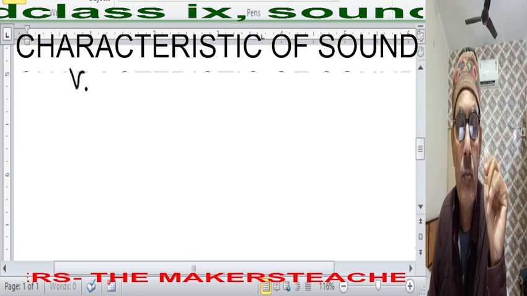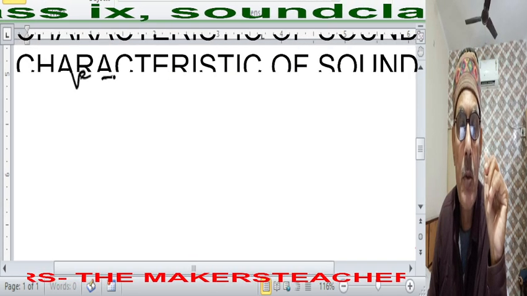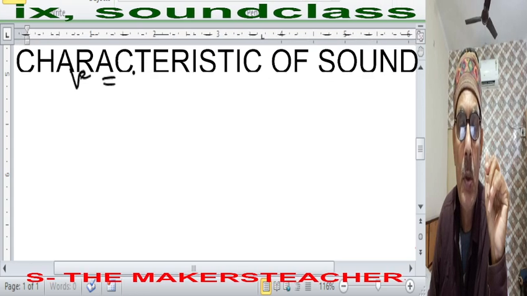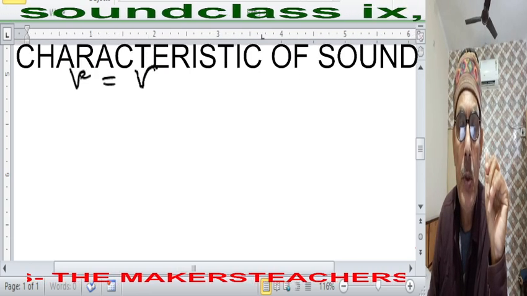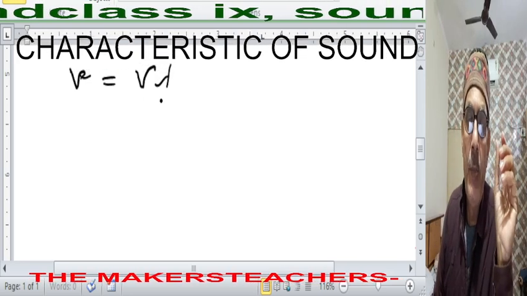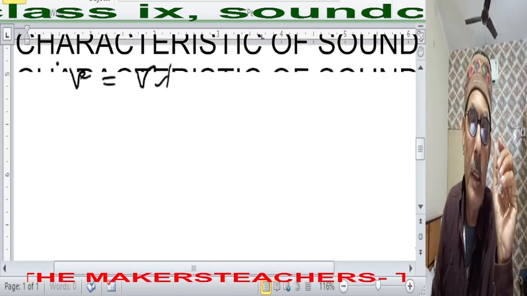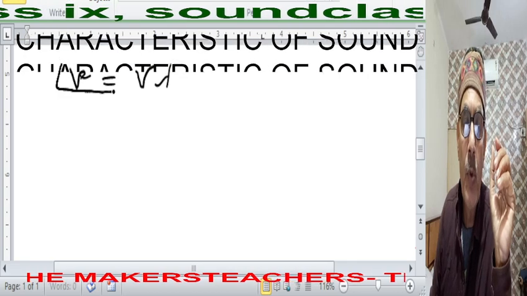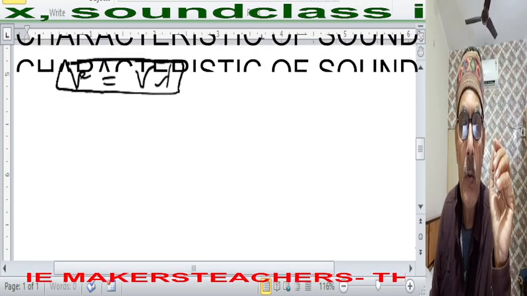V is equal to nu lambda. Here nu is frequency, lambda wavelength और V is speed. इसको आपको याद रखना है.